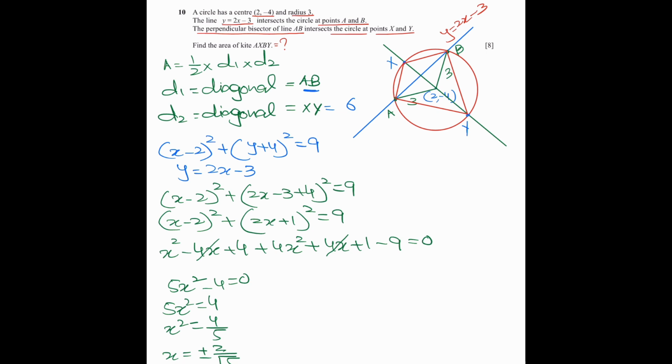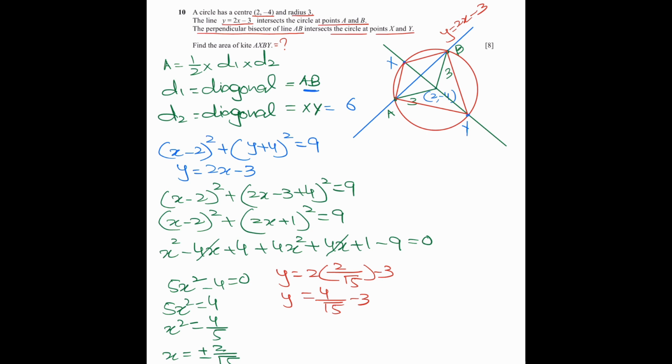Now to find the y coordinates, substitute. So y equals 2 times 2 over root 5 minus 3, so y is equal to 4 over root 5 minus 3. So this is point A: 2 over root 5 and 4 over root 5 minus 3.